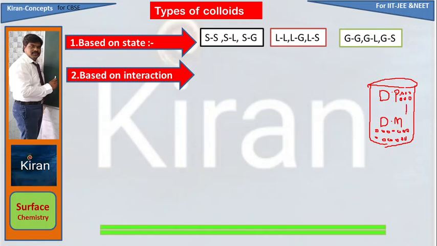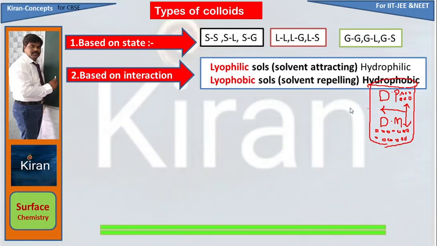The interaction may be strong, formed by a chemical bond, or it may be weak. Based upon the extent of interaction between the dispersed phase and dispersion medium, there are 2 types: lyophilic sols and lyophobic sols.